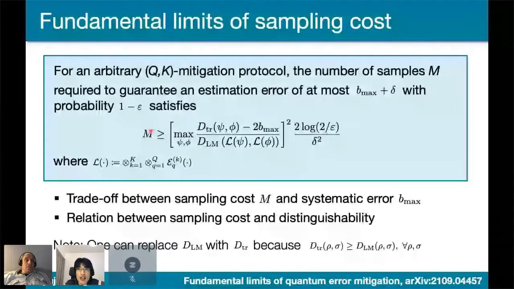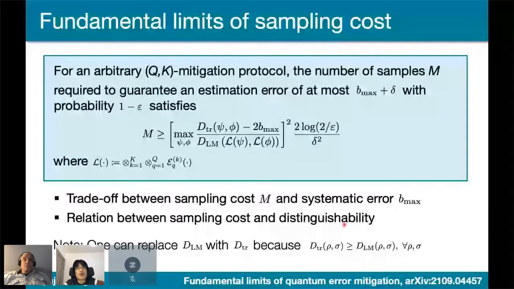This is because the trace distance is an upper bound of the local distinguishability measure, kind of trivially, because the local distinguishability measure allows you to only use local measurements, whereas the trace distance allows you to use all quantum measurements. So this might give you a little looser bound, but it might give you more handy expressions.